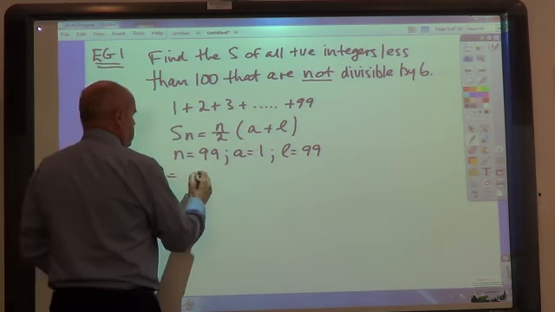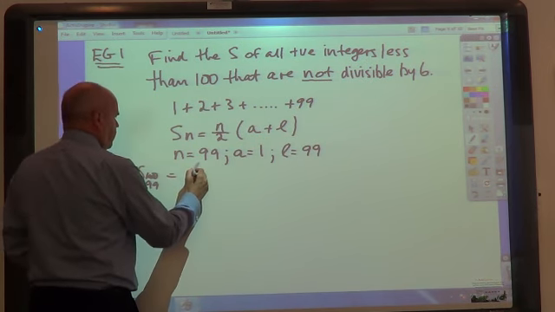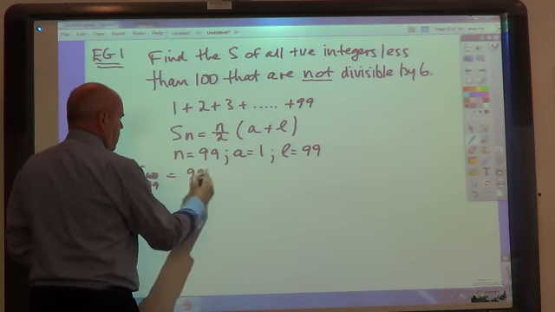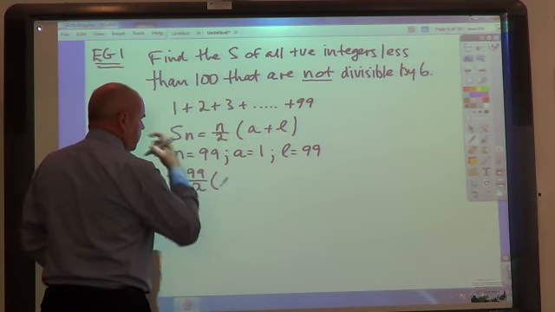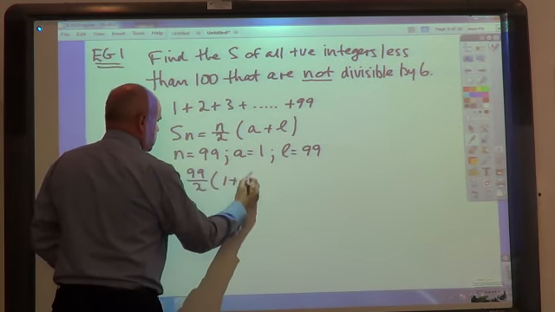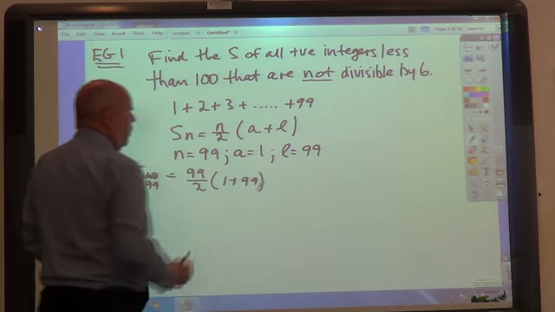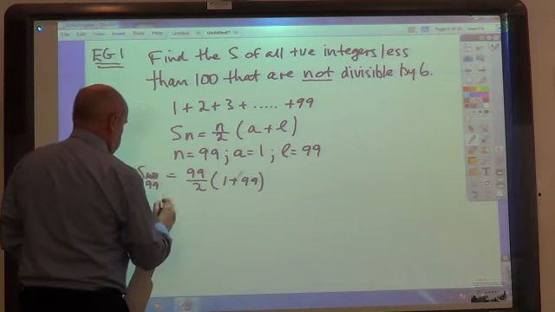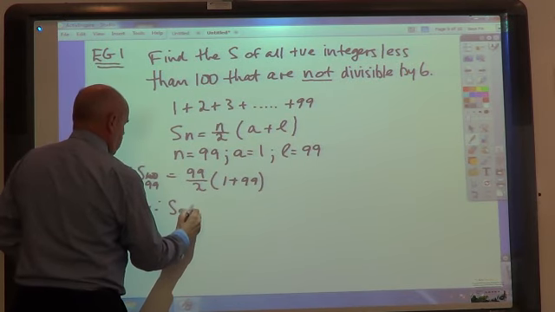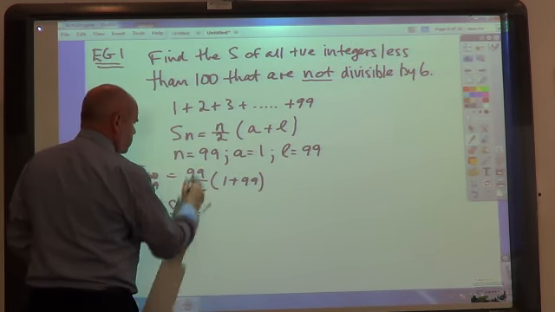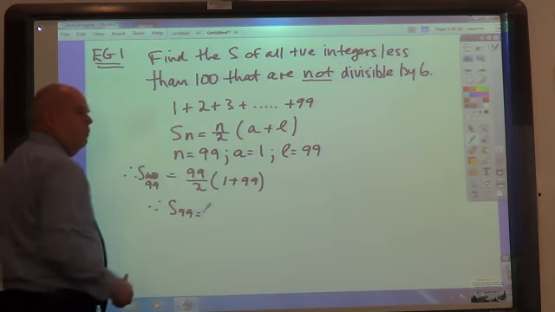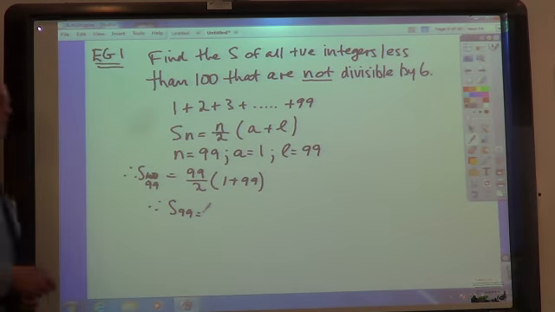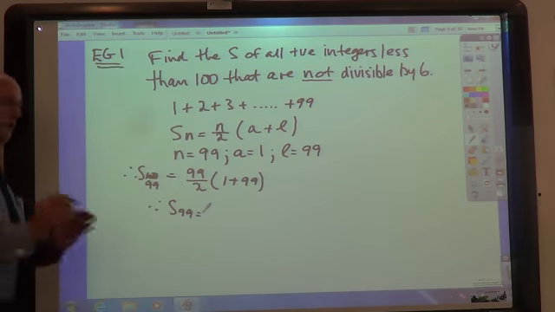Sum of the 99 integers is quite simply 99 divided by 2, and then I've got 1 plus 99. Well, that's going to be relatively simple to resolve. S99 equals, well, that's 49.5.